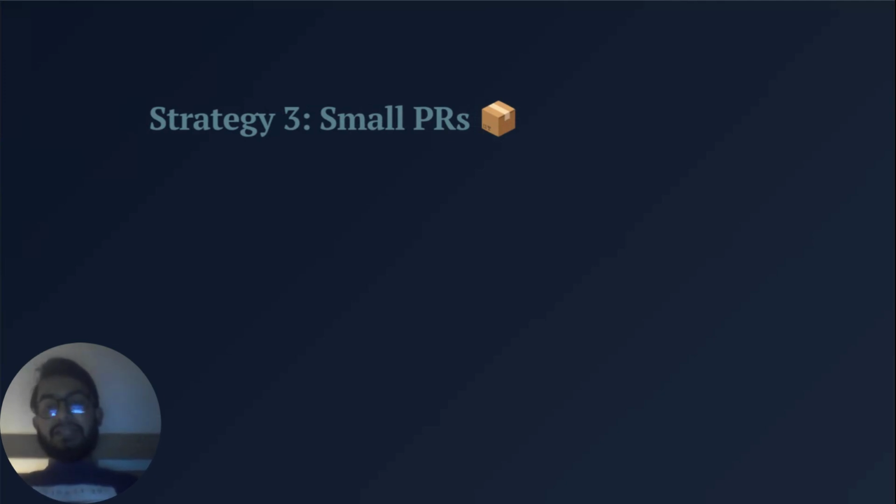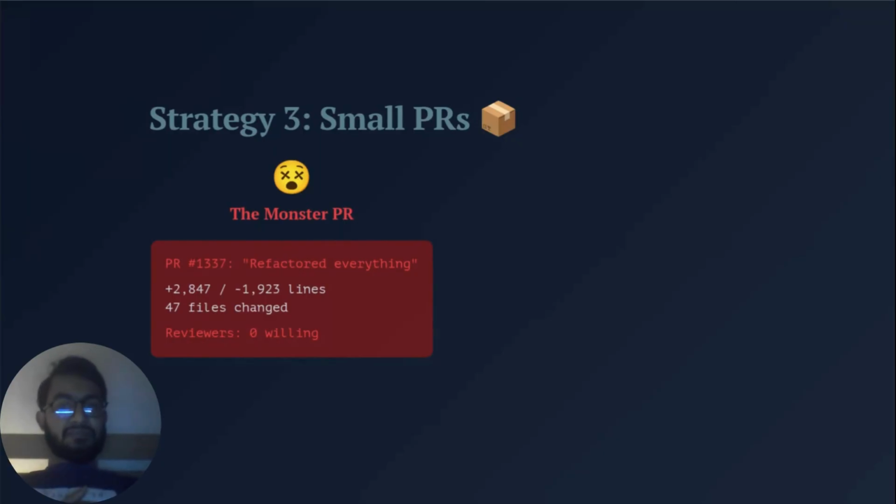And strategy number three is to keep small PRs for refactoring. If you have a monster PR, which happens when you refactor everything, you see 2000 plus lines removed, 47 file changes, and sometimes more than 100 files changed.